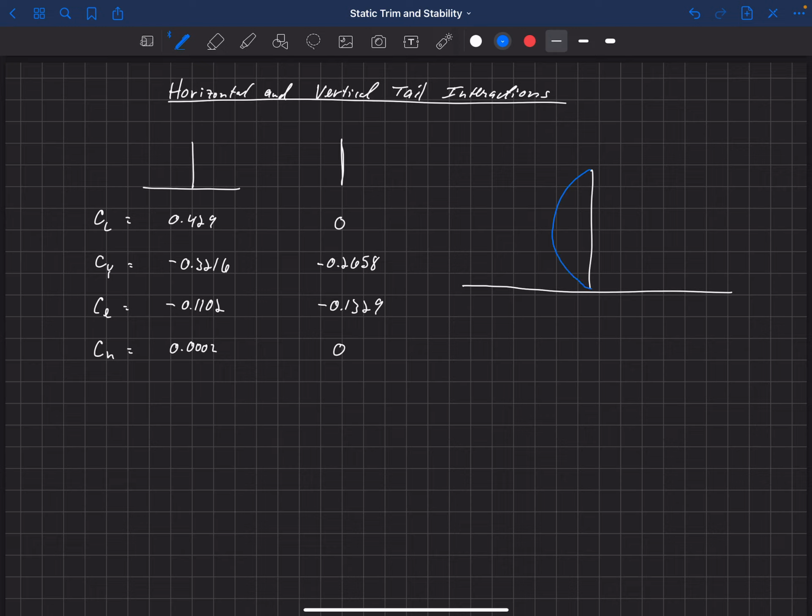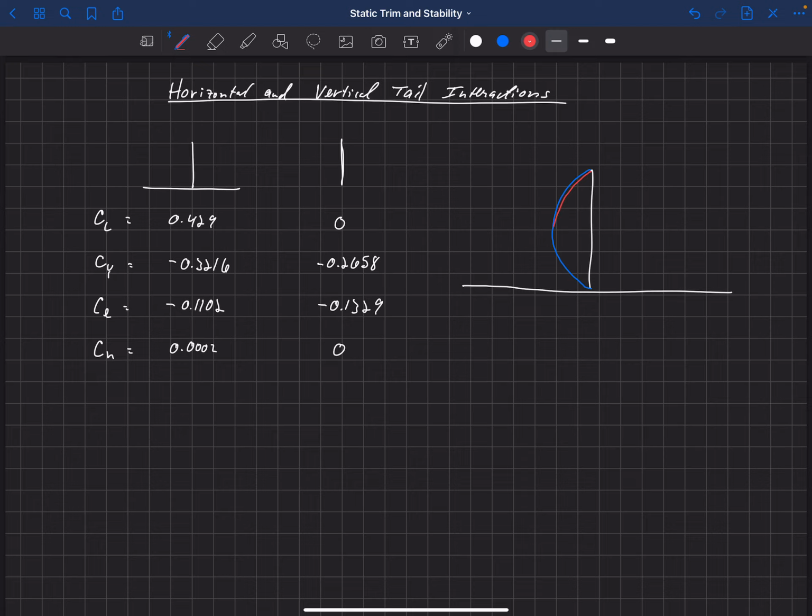Now, once we add the horizontal tail, this actually acts as a giant winglet, so to speak. If this were the wing, then this would be a huge winglet. And so what happens is that the lift actually doesn't go back to 0 there at the juncture.